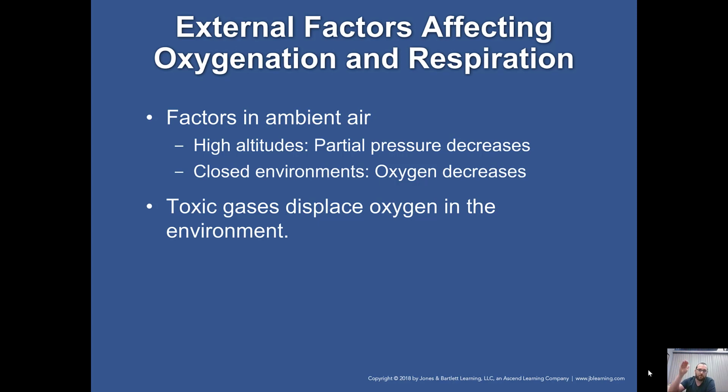So at higher altitudes, that pressure is much lower. So even though there's still 21%, there's just much less of it, right? That pressure is lower, and if that pressure is lower, that's going to impede that diffusion, that pressure gradient, that diffusion of oxygen going into the bloodstream in the lungs and CO2 coming out. So again, it's all about pressure.